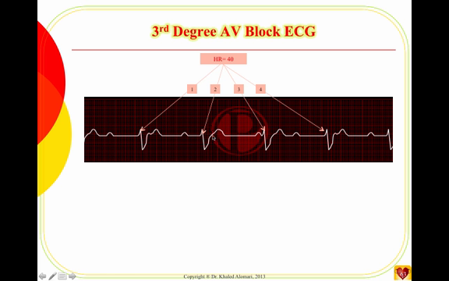When you see this, that means this QRS is not caused by a P, because if it was a normal QRS, you would see a P, Q, R, S, T. But you will see this is an independent ventricular contraction. It's on its own, and there is a P, but there is a long PR, and it's blocked completely.